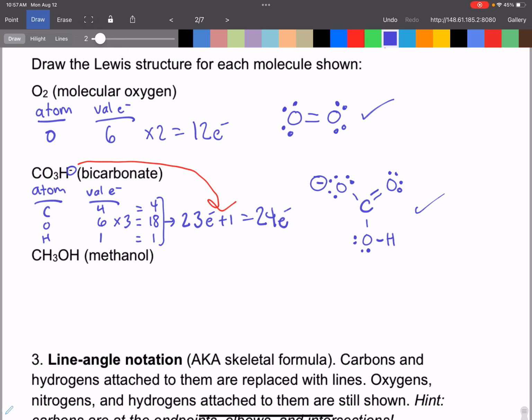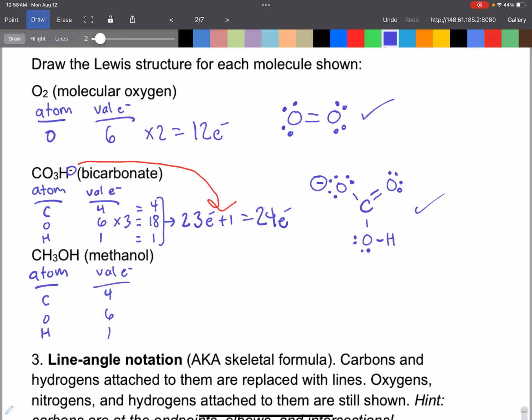Let's do one more. We'll do methanol, shown right here. Same idea: I've got C's, O's, and H's. For valence electrons, carbon brings 4, oxygen brings 6, and hydrogen brings 1.